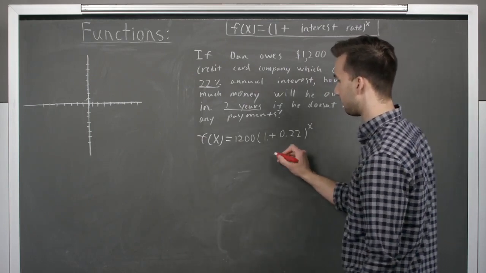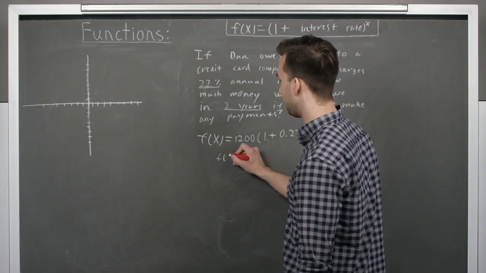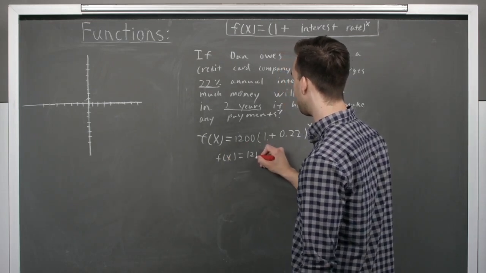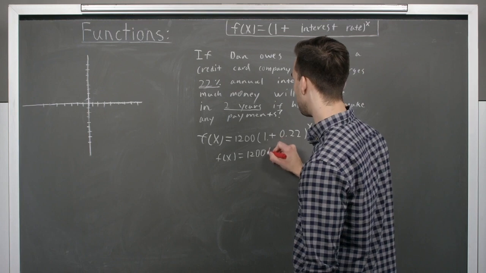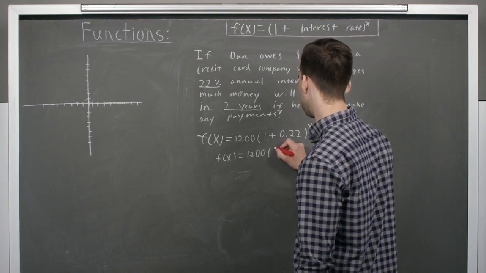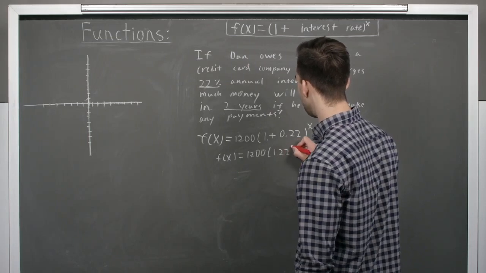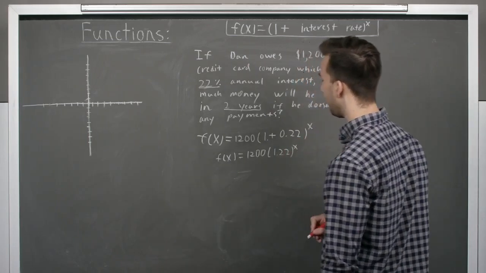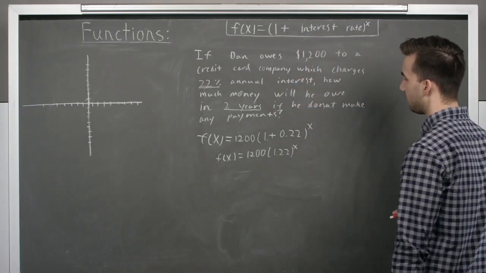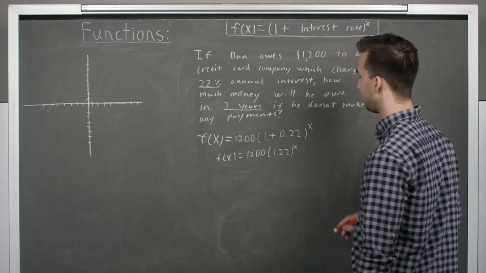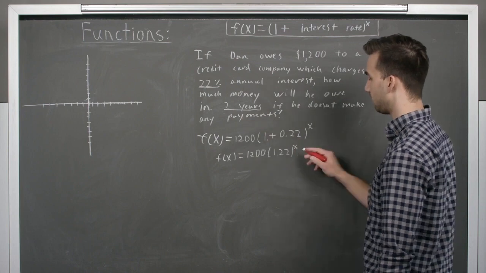We can simplify this as f of x is equal to 1,200 times 1.22 to the power of x. And if we're trying to find the amount of money he will owe in 2 years, we can take this 2 and plug it in for x.